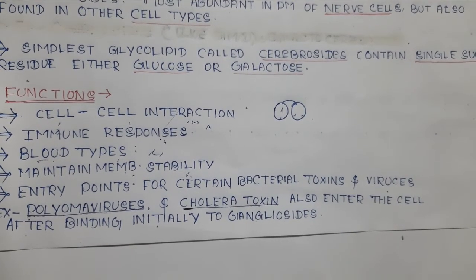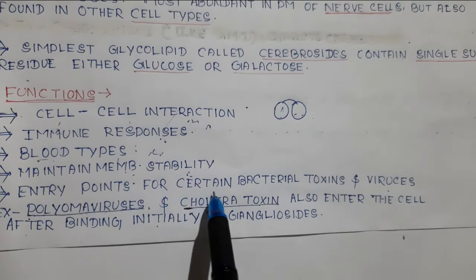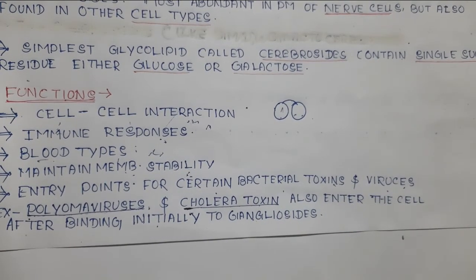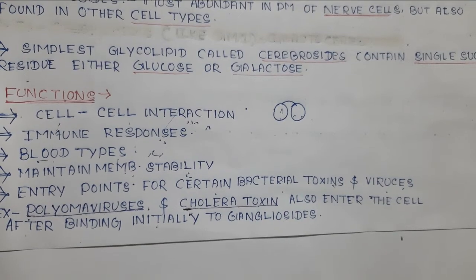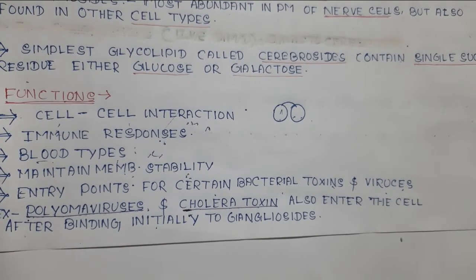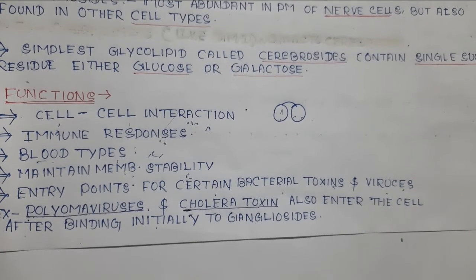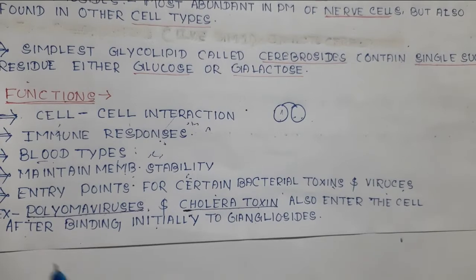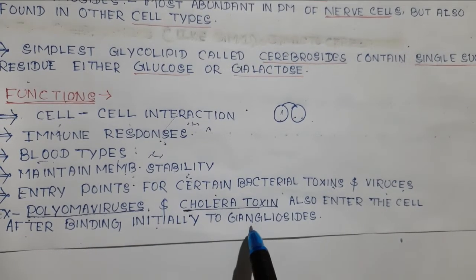Then it is an entry point for certain bacteria, toxins and viruses. Both viruses and bacteria use ganglioside as a receptor, so you can say glycolipid is a receptor. For example, polyomaviruses and cholera toxin enter the cell after binding initially to the ganglioside.